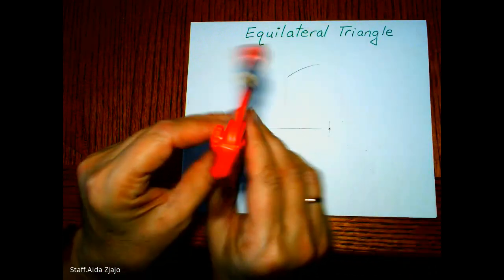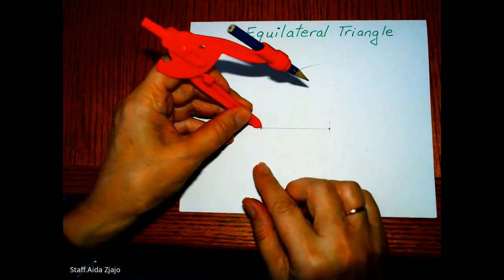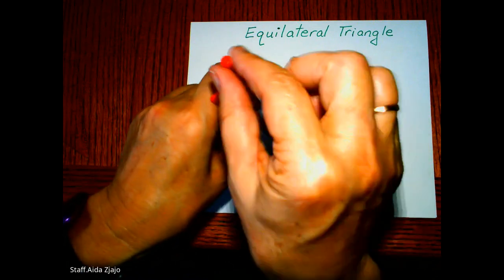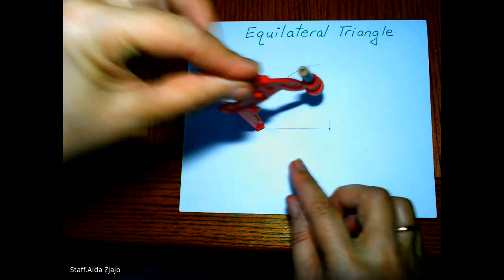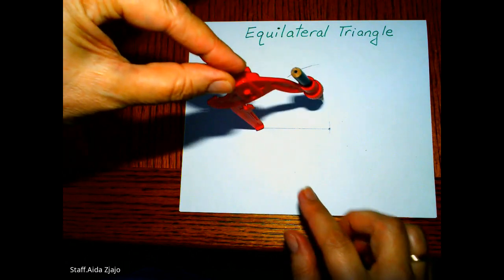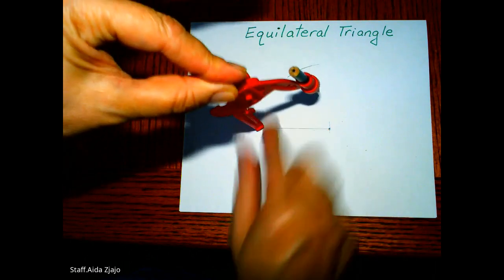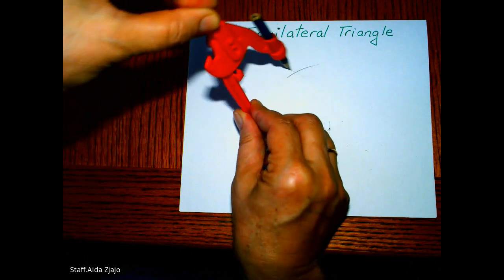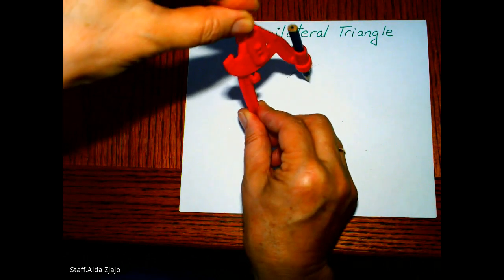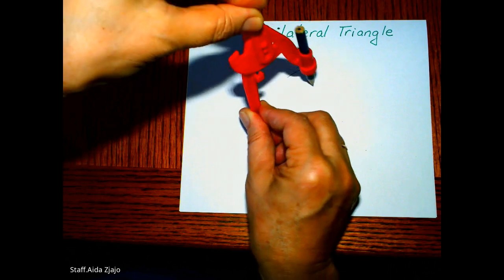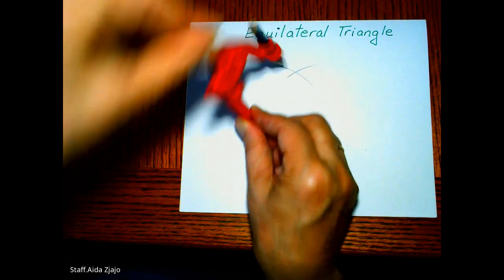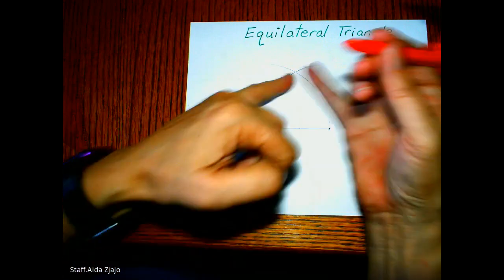Then I'm going to go to the opposite side and press my compass very strongly. I can do it with one hand. Then I can do another semicircle, a little bit of a circle, part of a circle, until they cross each other.